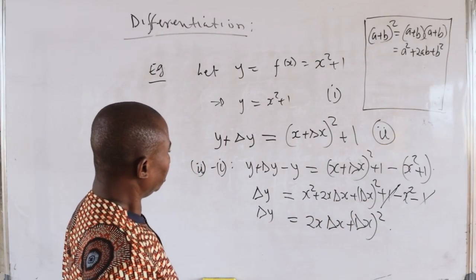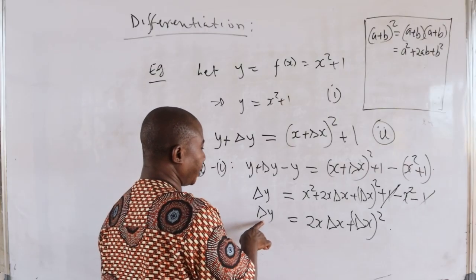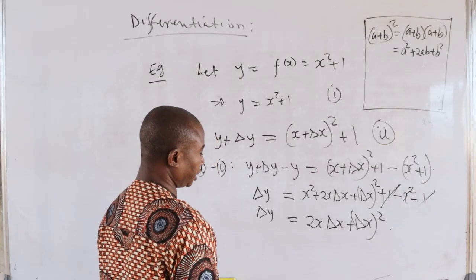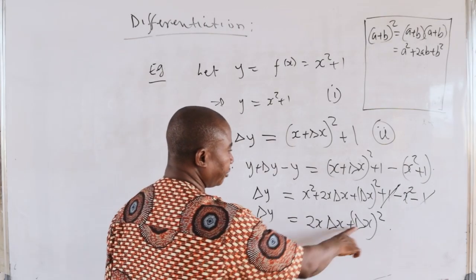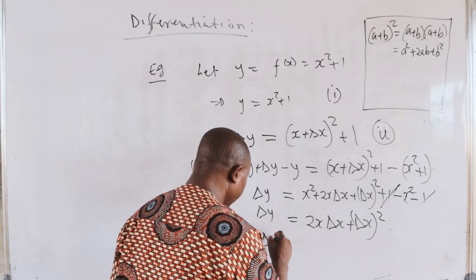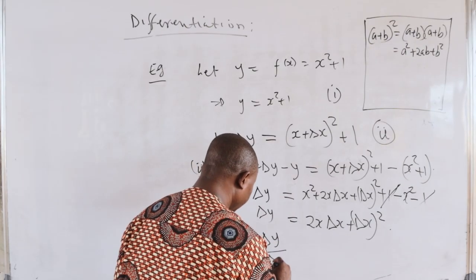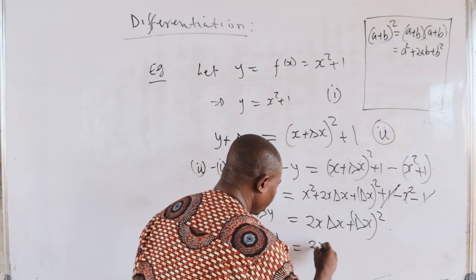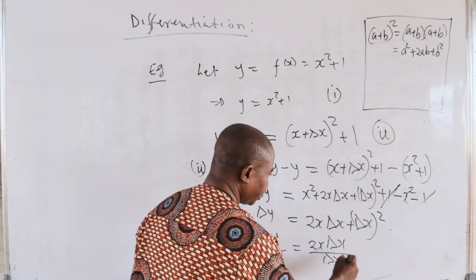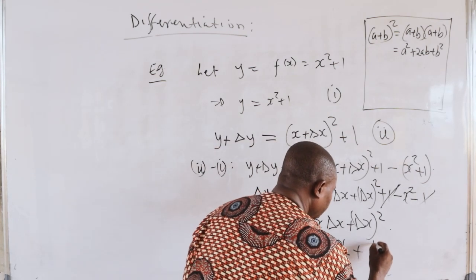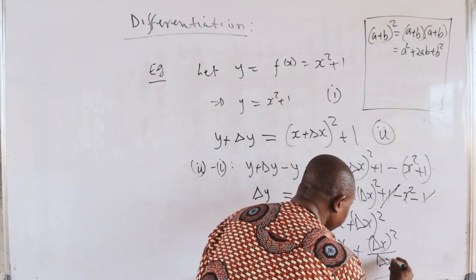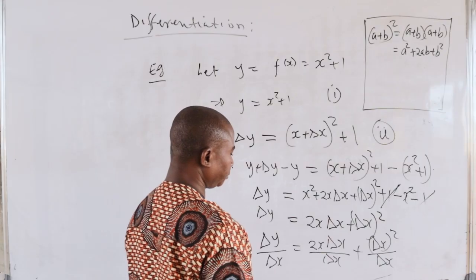Now, our goal is to find change in y with respect to change in x. So I divide both sides by change in x. And so I have change in y divided by change in x is nothing but 2x change in x divided by change in x plus change in x all raised to power 2 divided by change in x.